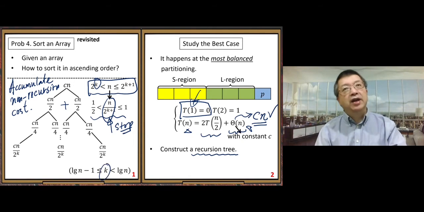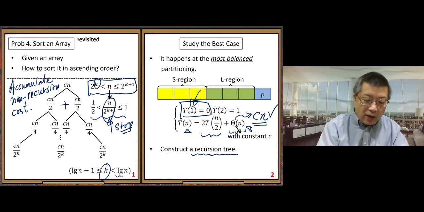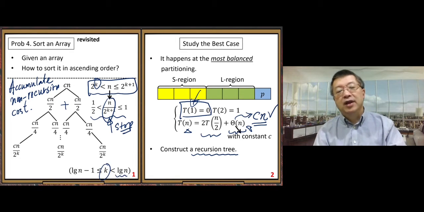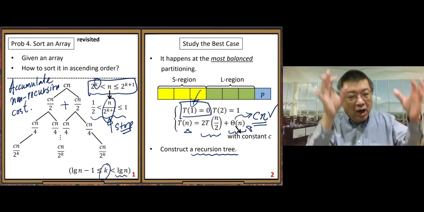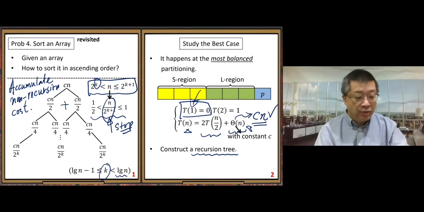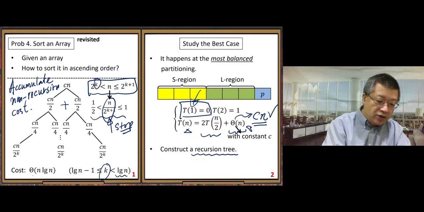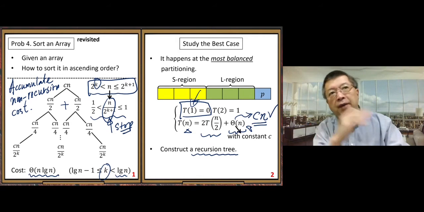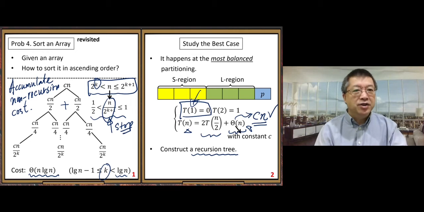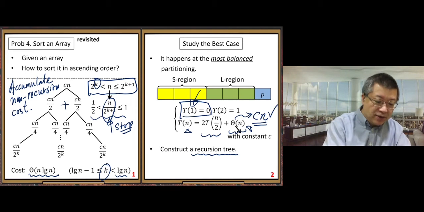Approximately k levels, and k is approximately log of n. So with simple accumulation, the total cost is approximately big theta of n log n. But that is the best case.